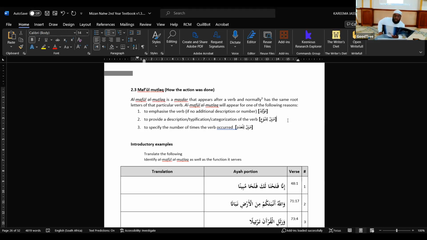Here's a good example. It says أقدمت إقدام الشجاع. Or you can say أقدم إقدام الشجاع.